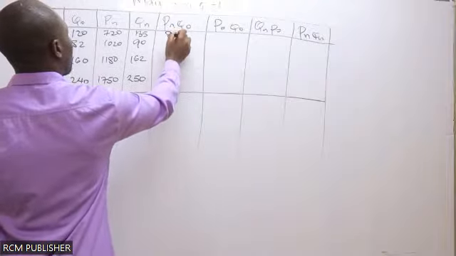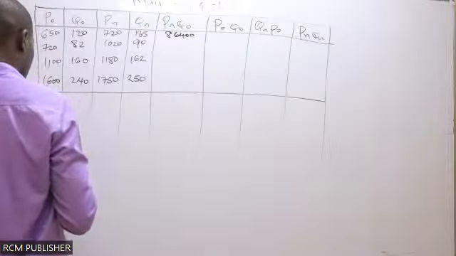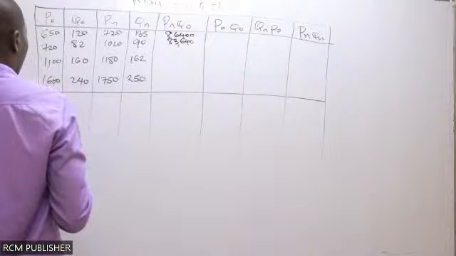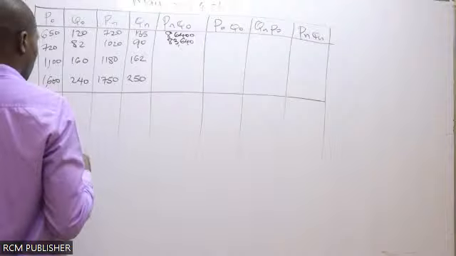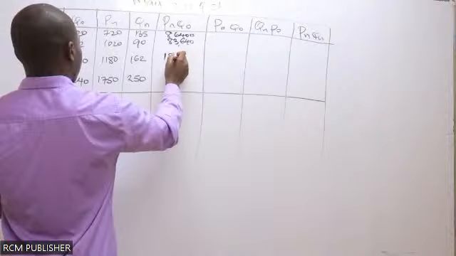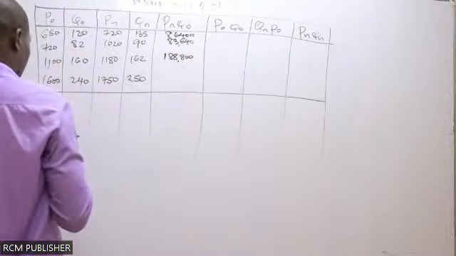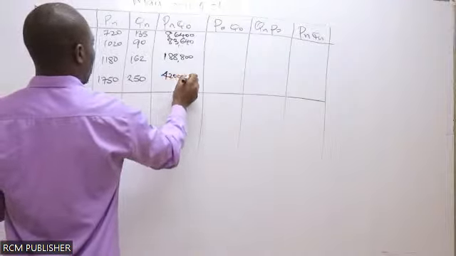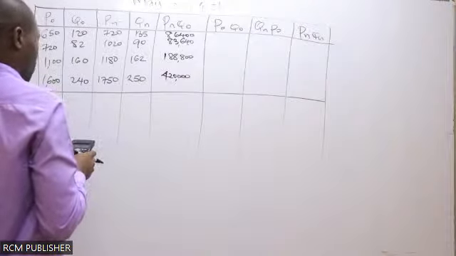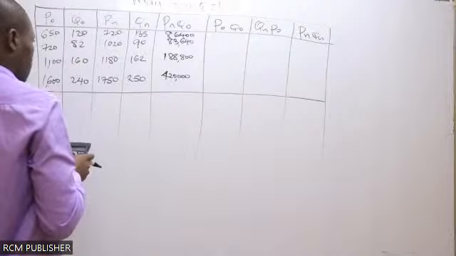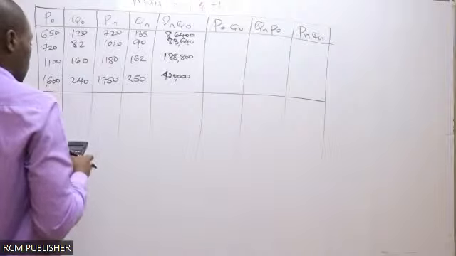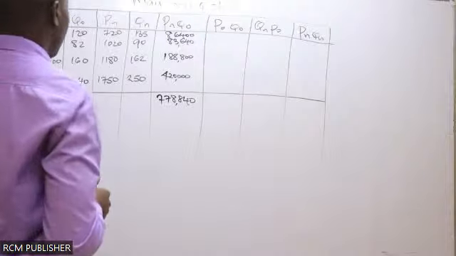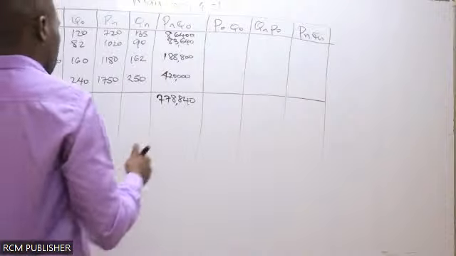PNQO. And then we're going to have 188,800. POQO: 650 by 120 to be 78,000.